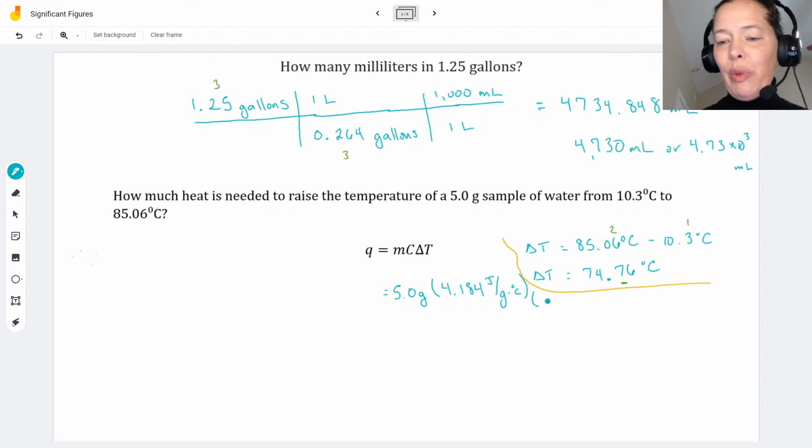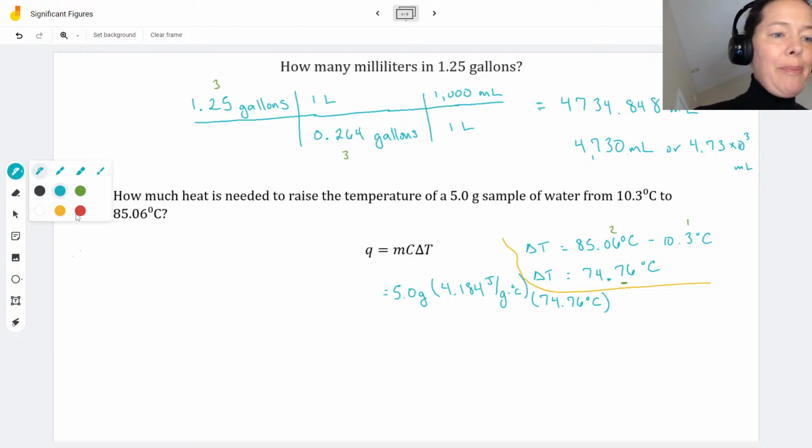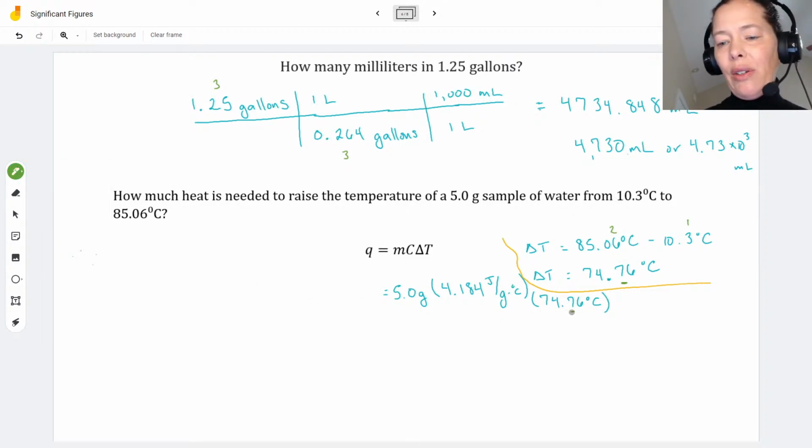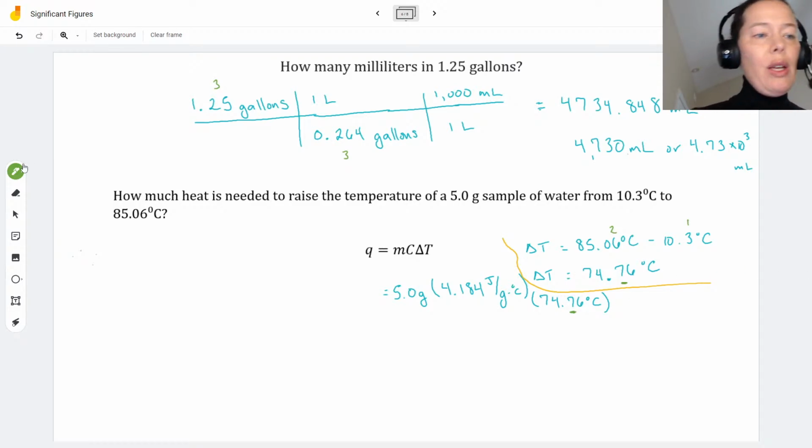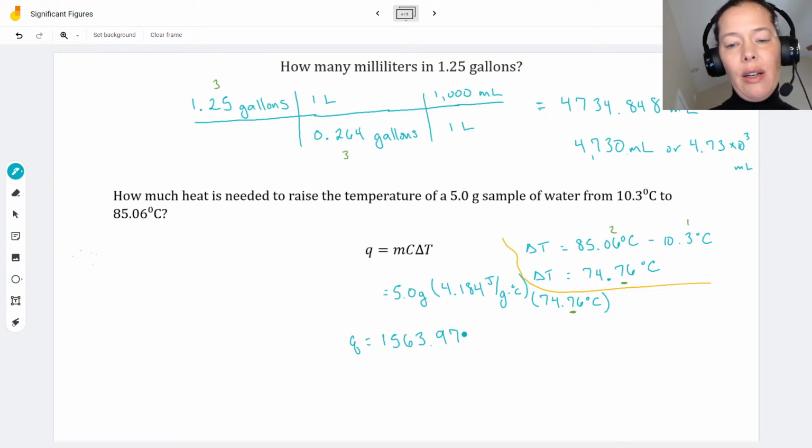And of course, this gets multiplied by my delta T, which I'm going to go ahead and write down 74.76, but again, I'm going to put my little line underneath to remind myself it should be rounded to the tenths place. You're just trying to avoid error. Okay, so if I put this in my calculator, I get 1,563 and lots of decimal points.